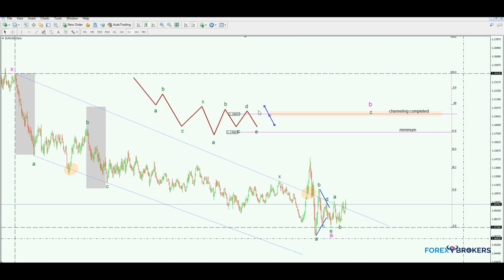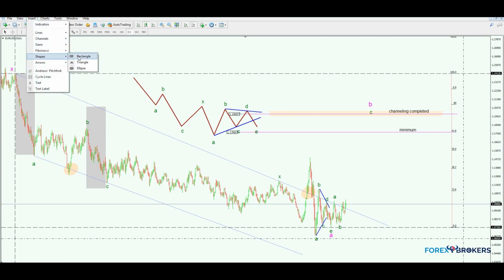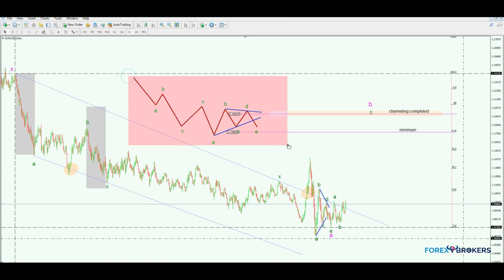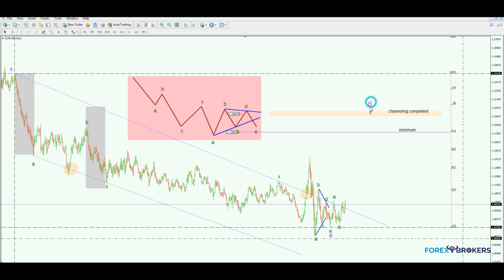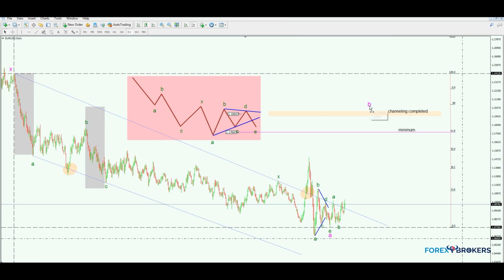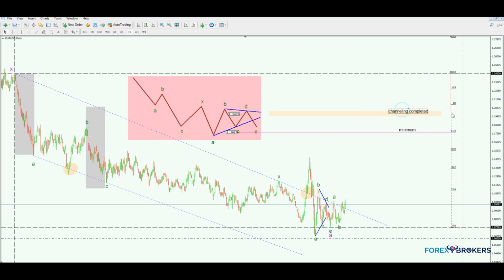And then if we use two trend lines to connect the B to D and the A and C to see the triangle, then it becomes obvious that this entire pattern from here to here is nothing but a double combination. Let me delete these ones from the screen, so as not to confuse things at this point in time.